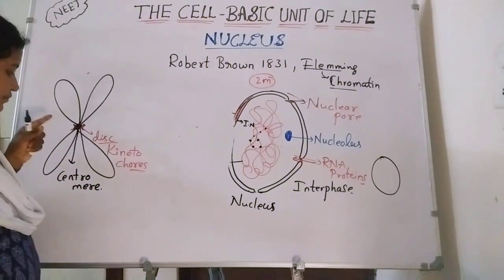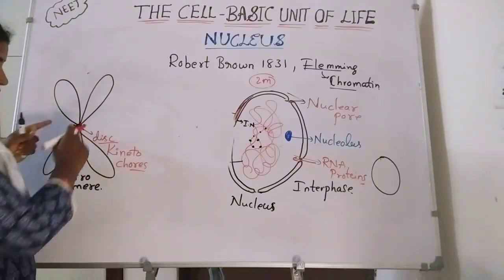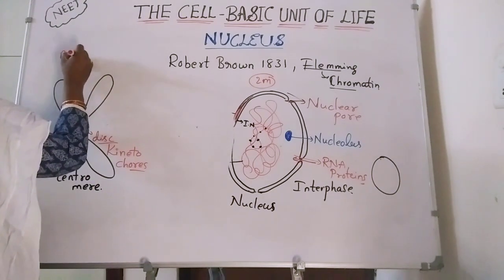If the centromere is in the center, this type of chromosome is known as metacentric.